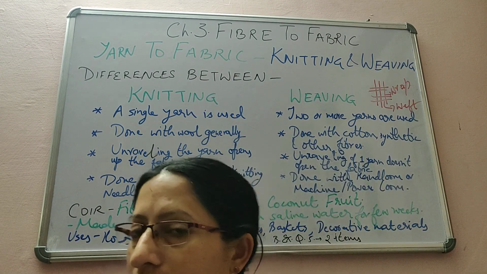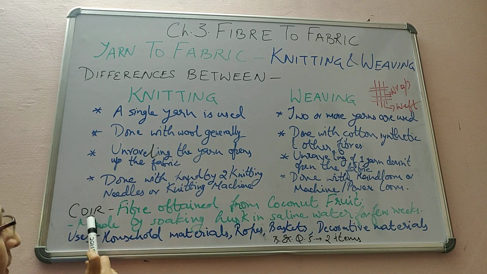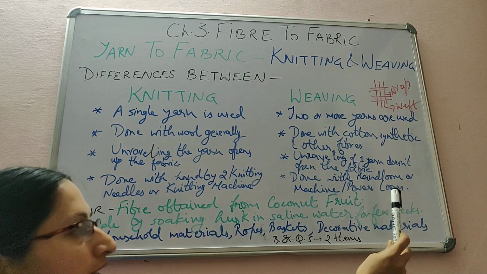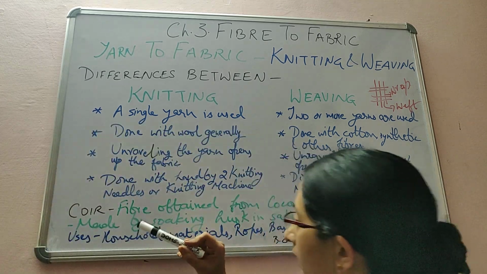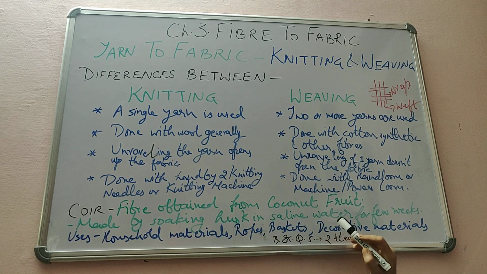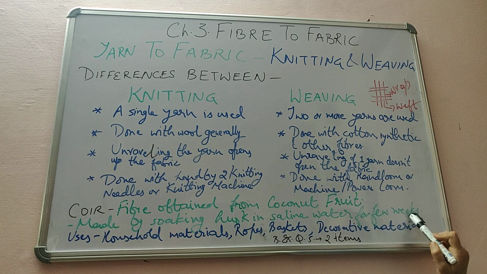Now students, we will discuss about coir. Coir is the fiber which is obtained from the coconut fruit. It is made by soaking the husk of coconut in saline water for a few weeks.